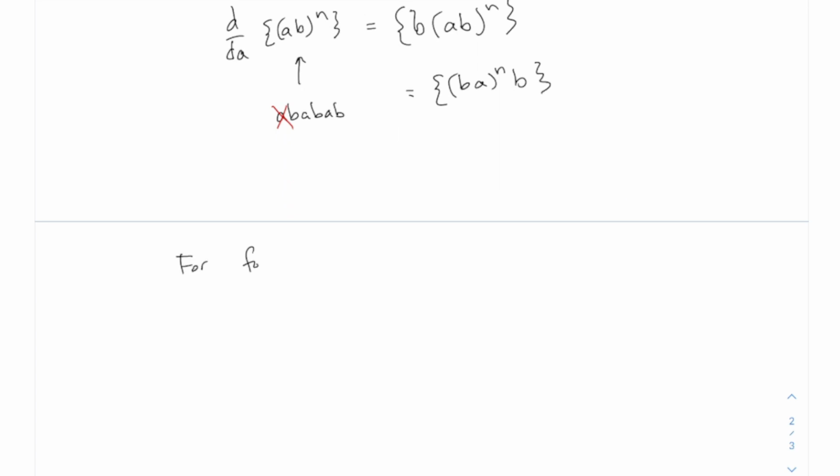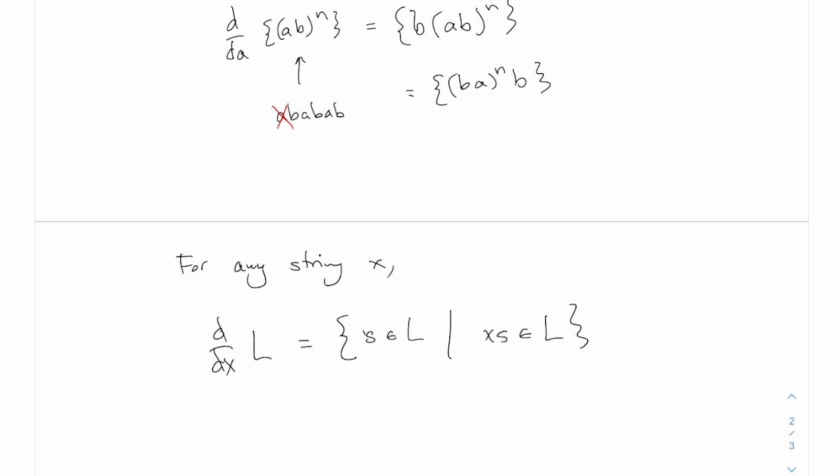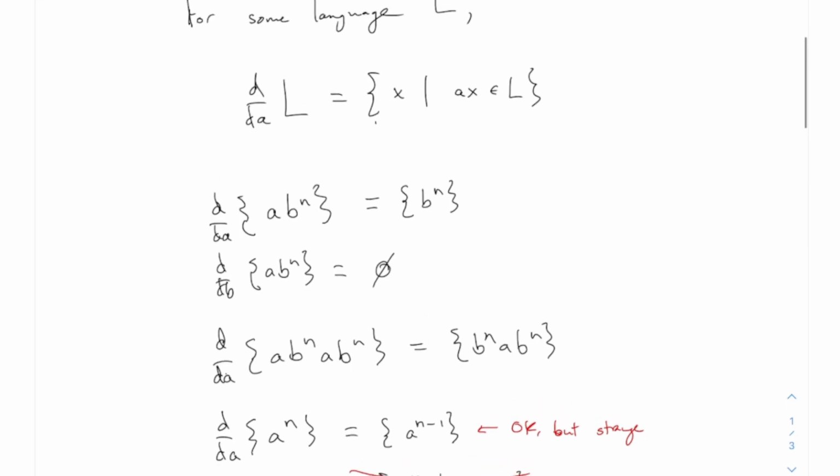So for any string x, you can do derivative with respect to x of L. And what this means is, it's all S in L such that XS is in L. I'm trying to just copy the definition I wrote up here: all X such that AX is in L. It's all the strings where if you stuck an A on the front of them, they would be in the language.